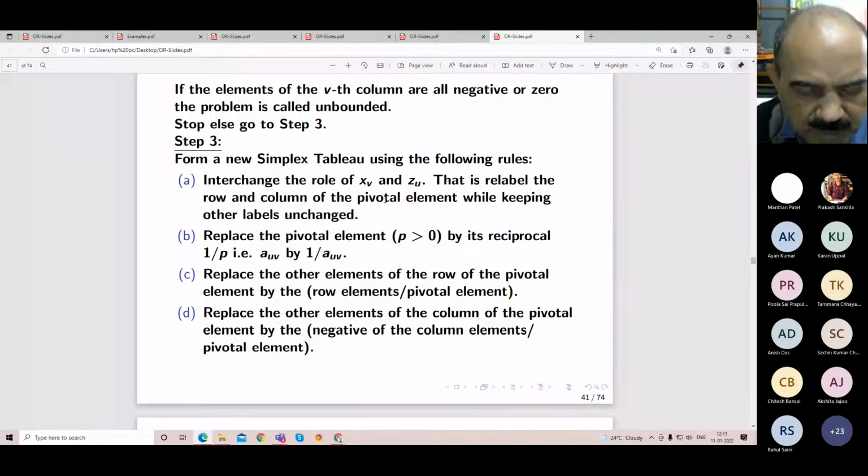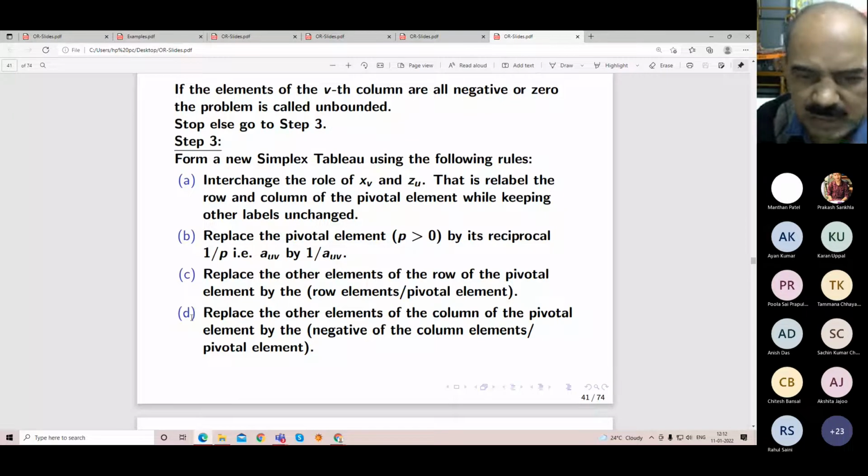Replace the key element or the pivotal element, which we are naming UB, the key element, UB equal to our P, by its reciprocal, that is 1 by P. So that reciprocal becomes 1 over AUV. That is the key element; we are taking the reciprocal.